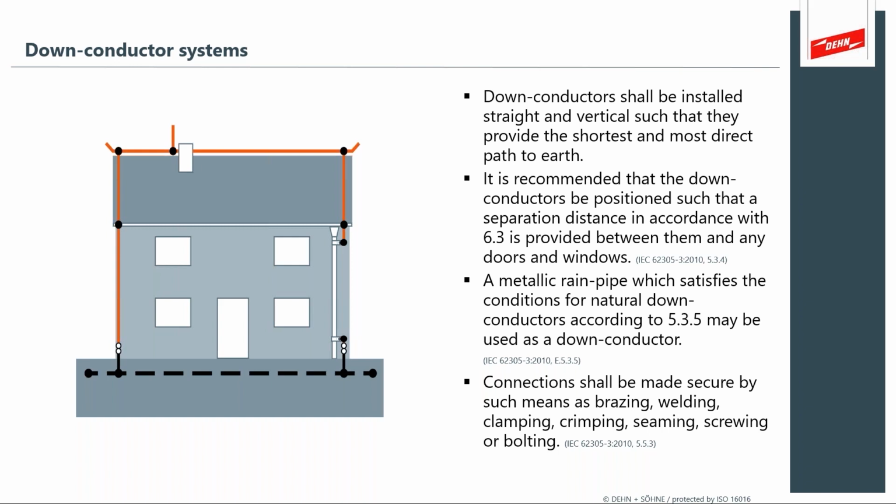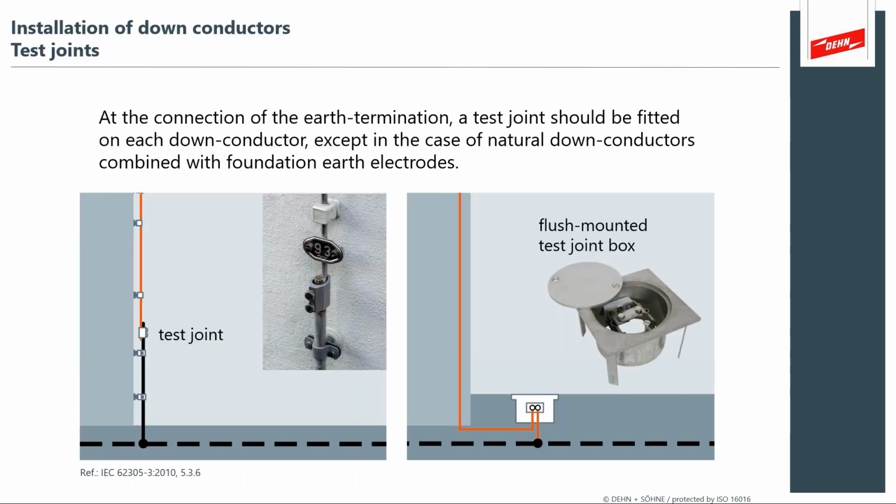And really the point is that you want to make sure that your down conductor system is clean, effective, the spacing obeys the standard, and that you have proper connections into your earthing system. The point about this slide is that we really want to point out that you want to be able to inspect both the connections to the earthing system and then the earthing system itself.